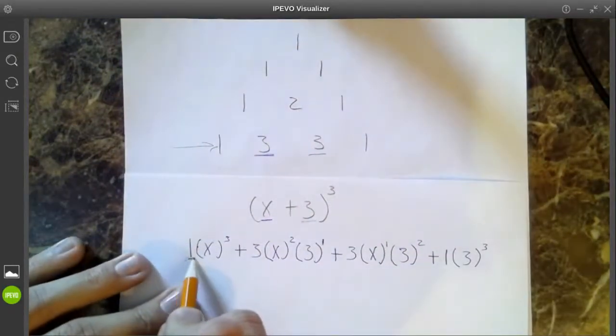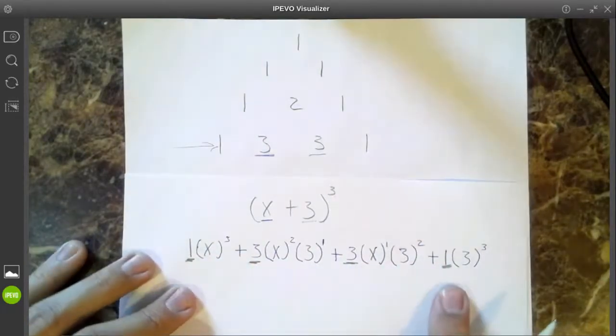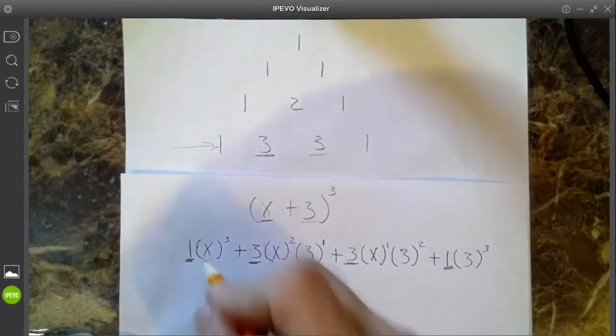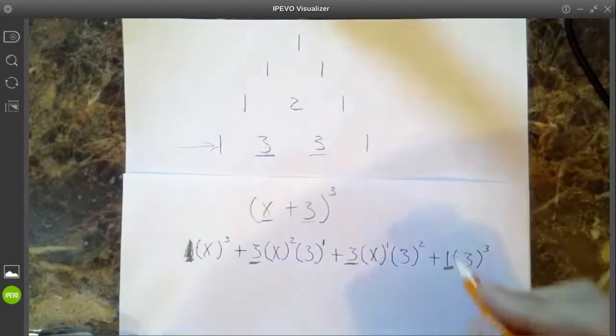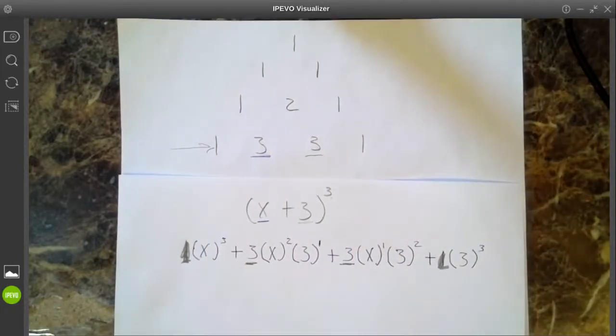So first thing to notice here is that your 1, your 3, and your 1, that part just comes from this row. These are going to be your coefficients. And in general, you will not even be putting those ones because those are kind of a waste of space.